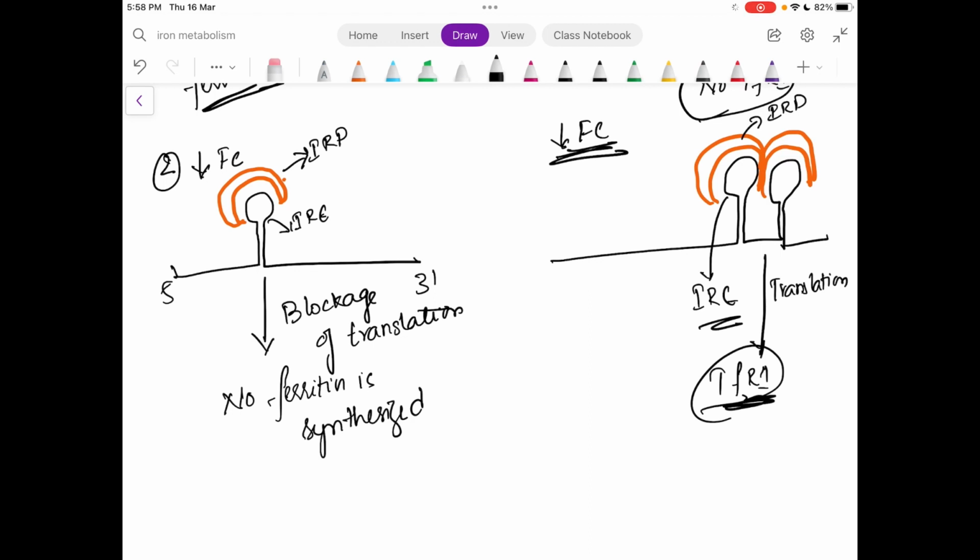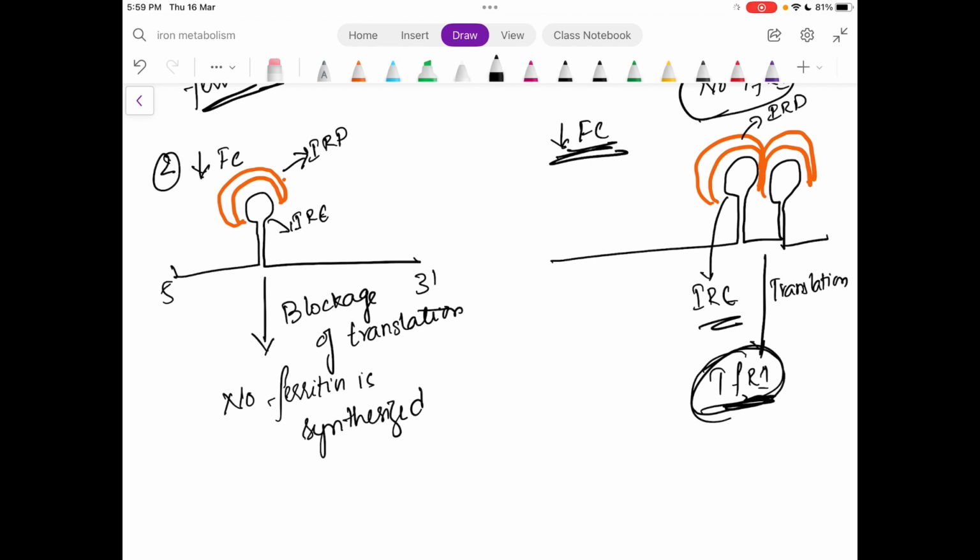In low iron conditions, you do not require ferritin, because storage is not required. Whatever iron is present has to be supplied to the tissues, so that normal hemoglobin, normal myoglobin, every tissue is occupied with the iron. So for that process to occur normally, your transferrin 1 receptor levels have to be increased.